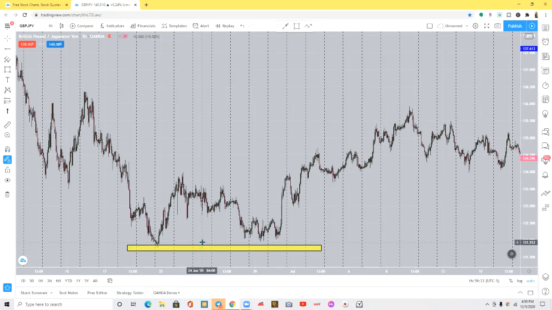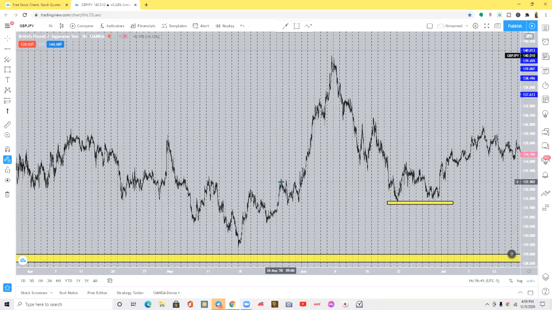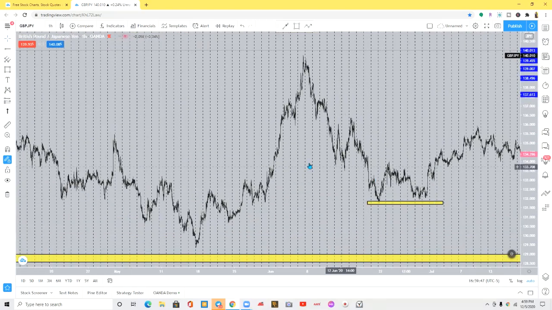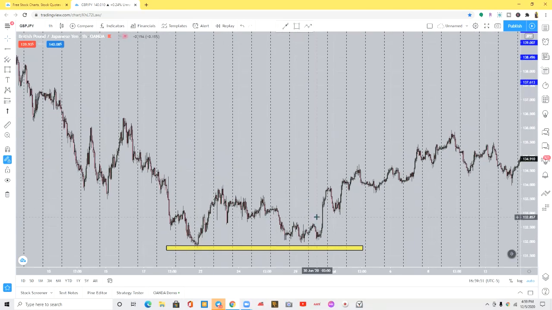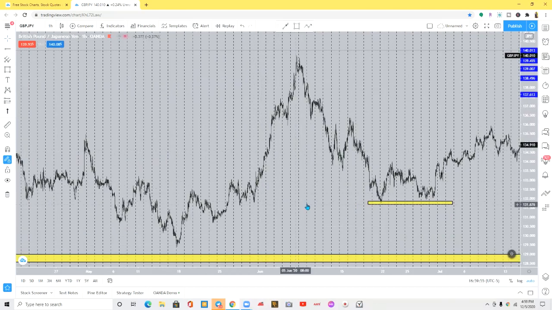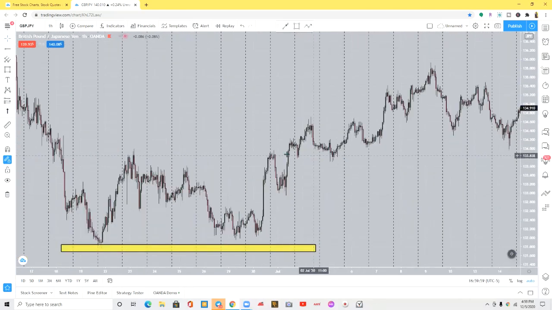So you have to add support and resistance to your chart so that you can identify if price is going to come back and tap that zone, depending on the trend. If it's going to bounce off that zone, if it's going to break below that zone to keep selling. Support and resistance is everything.